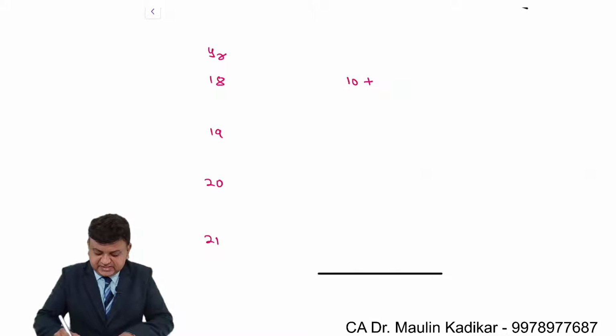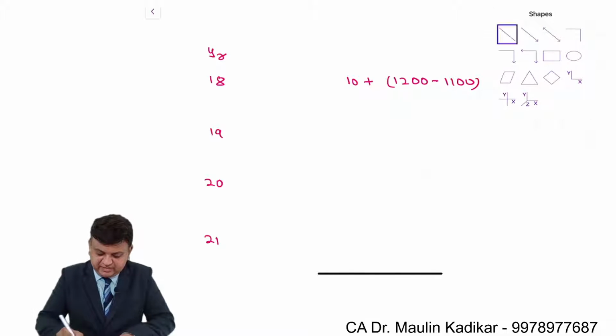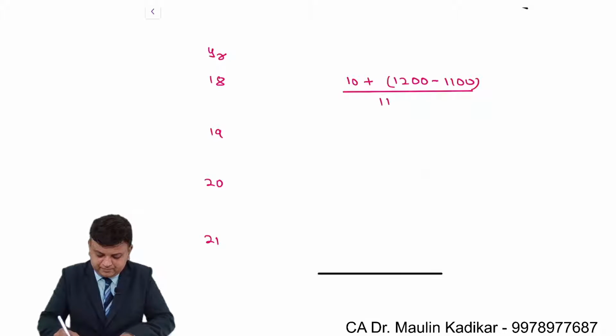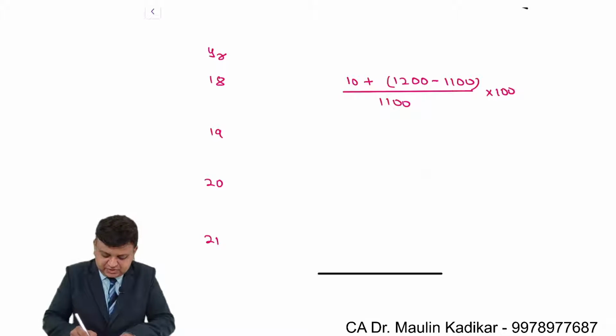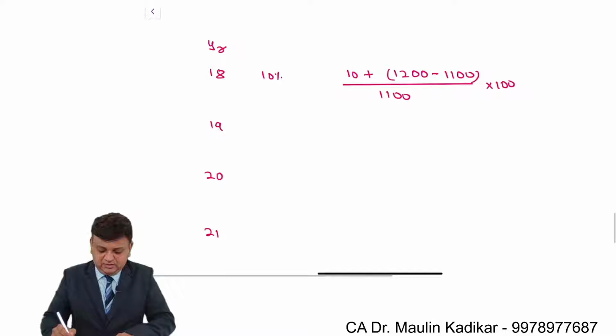Then the price has increased to 1200 from 1100, divided by 1100, into 100 for getting the answer in percentage. So the answer is 10%. That is the return of 2018.